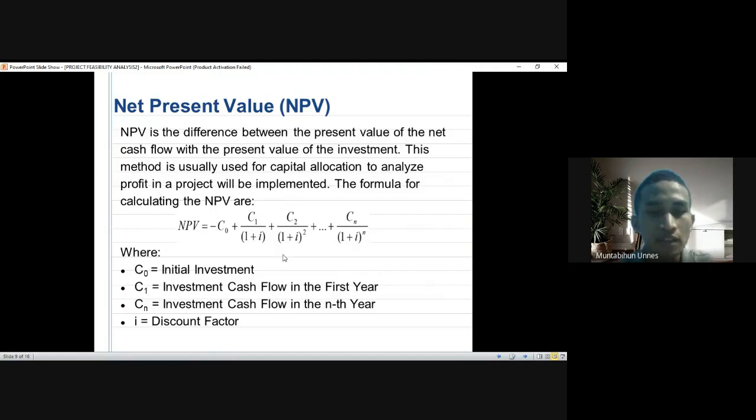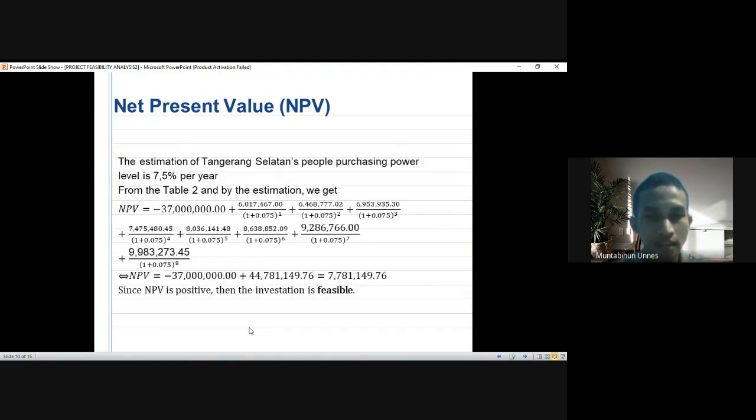Where C0 is the initial investment, C1 is the investment cash flow in the first year, Cn is the investment cash flow in the end year, and I is the discount factor. The next is the calculation. The estimation of Tangerang Selatan's people purchasing power level is 7.5% per year.